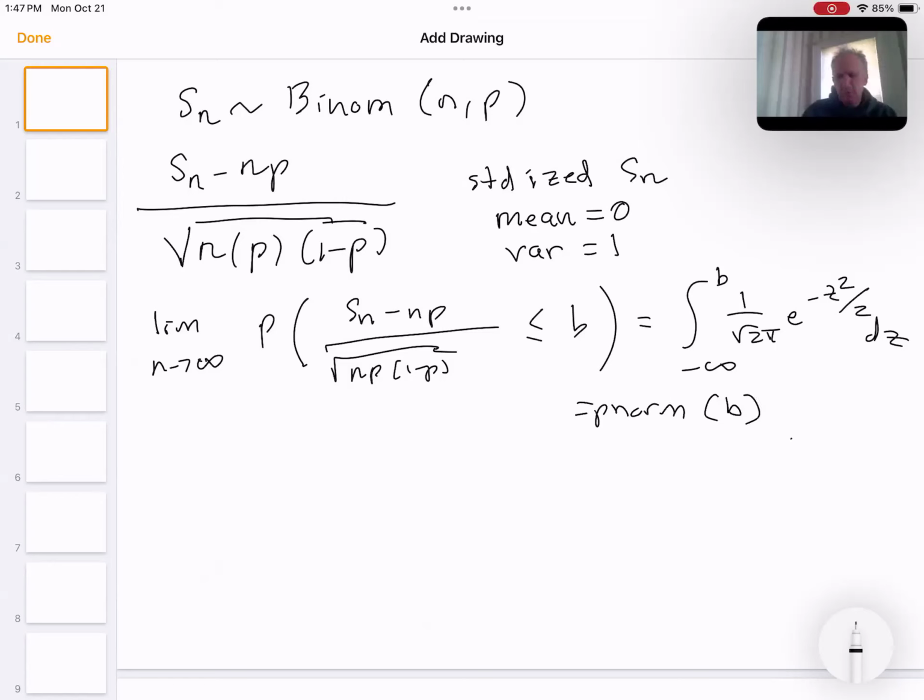I just want to point out something. It makes sense that it has to approach the standard normal, right? Because it's standardized. The mean is 0 and the variance is 1. So it definitely wouldn't make sense if this was any other kind of normal.